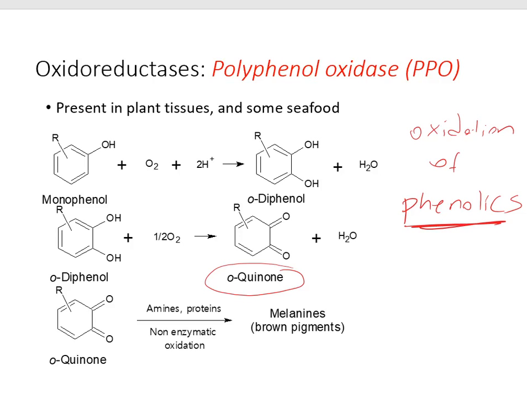Then these quinones spontaneously polymerize to brown melanin pigments. It's a spontaneous reaction. It occurs non-enzymatically.